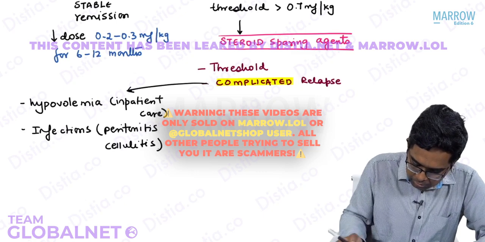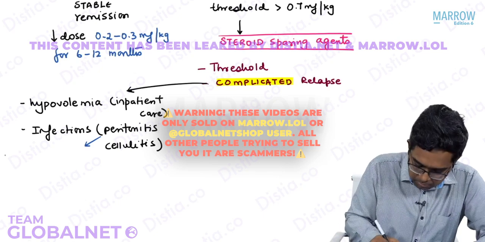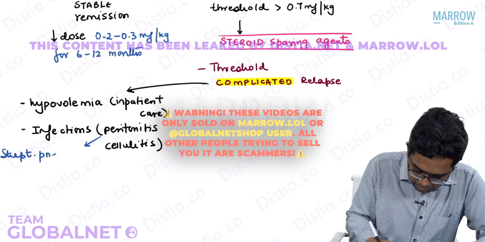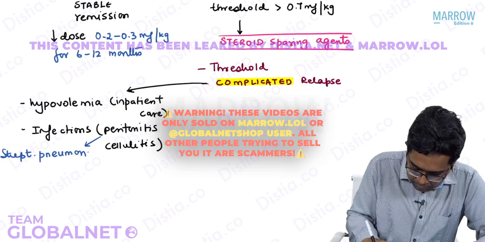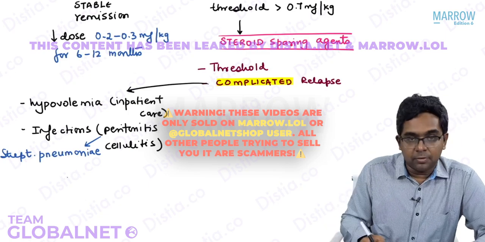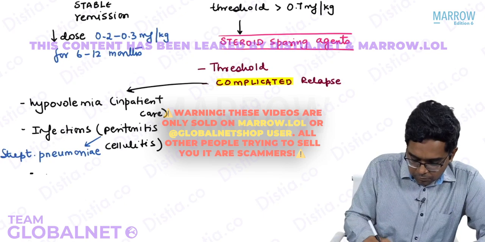At this point, I would want you to remember the most common cause of peritonitis in a patient with nephrotic syndrome is Streptococcus pneumoniae. That's an important question often asked in the exam. And third is a patient at the time of relapse having a complication of thrombosis.